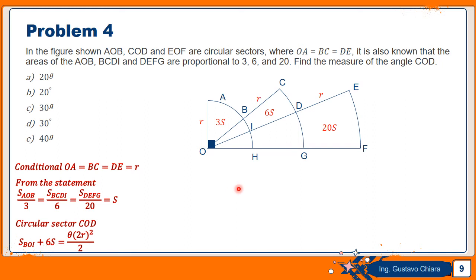Well, in that case, the circular sector COD is equal to the angle multiplied by the radius squared divided by 2. Well, replace the area BOI plus 6S is equal to theta multiplied by (2R) squared divided by 2.